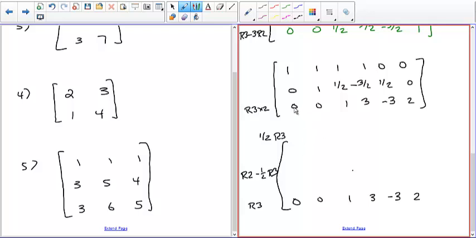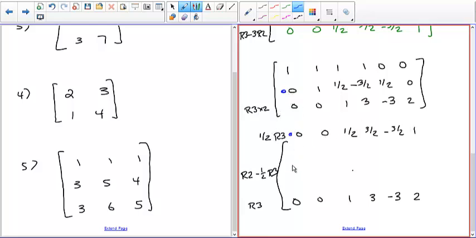So here's row 3. Same thing. We're going to multiply everything by a half. So you get 0, 0, 1/2, 3/2, minus 3/2, 1. And we're going to subtract this from that. R2 minus 1/2 times R3.